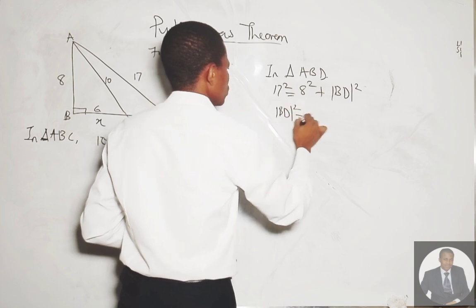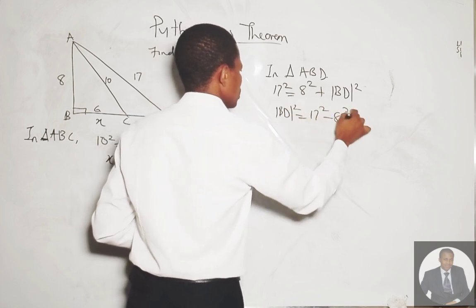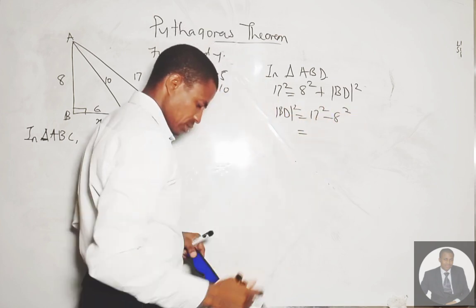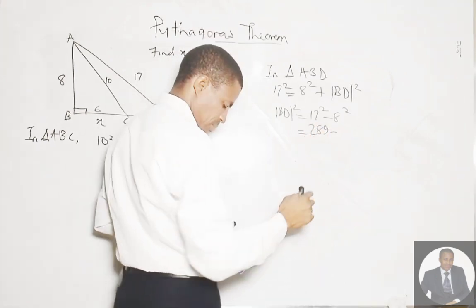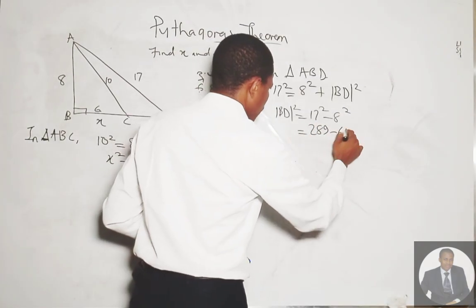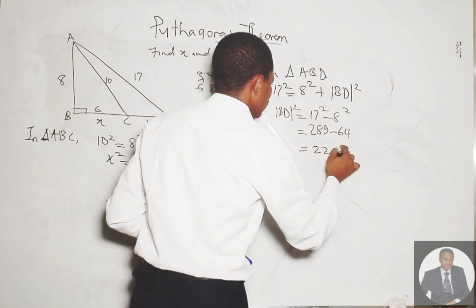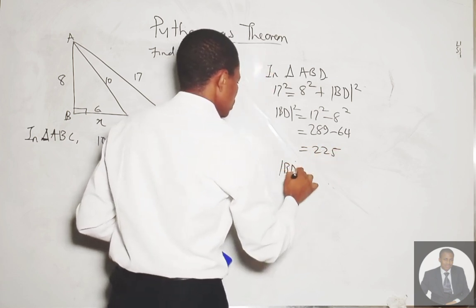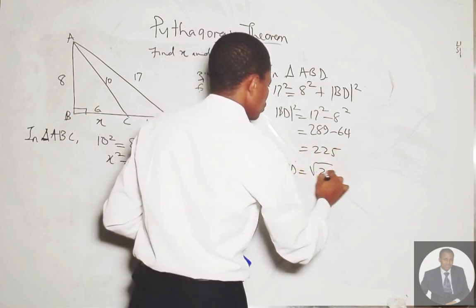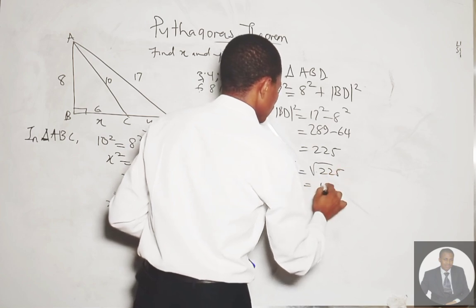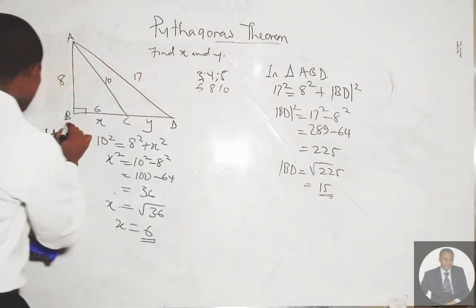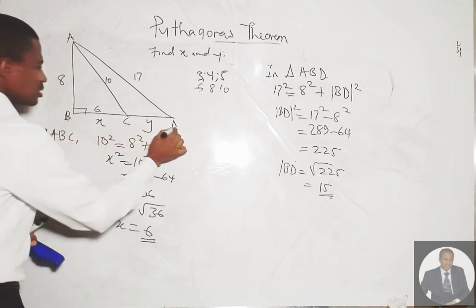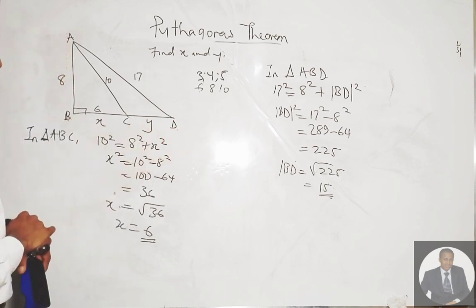So BD squared will be 17 squared minus 8 squared. 17 squared gives us 289, minus 64, that will be 225. So line BD will be the square root of 225, that will give us 15.